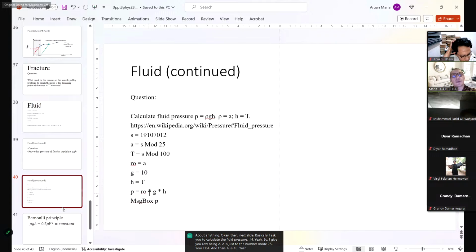You just calculate pressure as rho gh. Just a simple equation, yeah? Later on, hopefully, we will learn that pressure is directly proportional to the average velocities of the particles, but that will be later on when we study thermodynamics, hopefully.